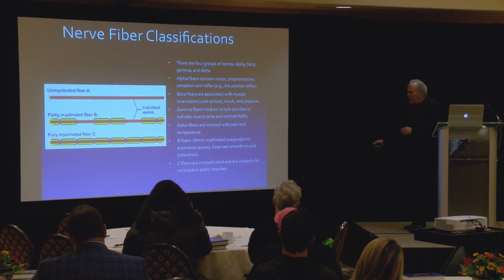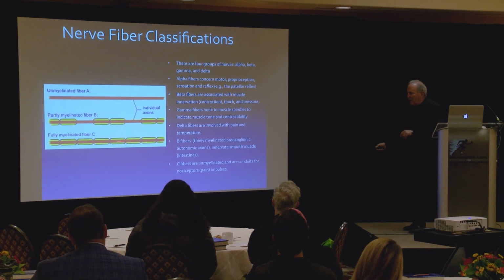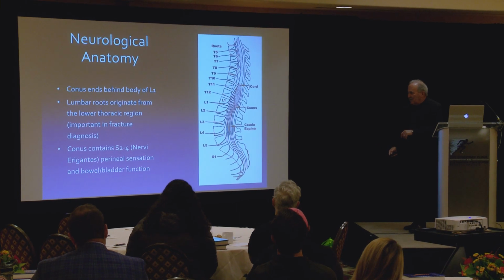Gammas are muscle spindles, which are the little tiny mechanisms in the muscle to tell stretch and activity of strength. Delta fibers, pain, and temperature. But basically there are myelinated, partially myelinated, and non-myelinated fibers that conduct at slower and faster speeds. Pain nerves are this, and most of the somatic nerves are this.